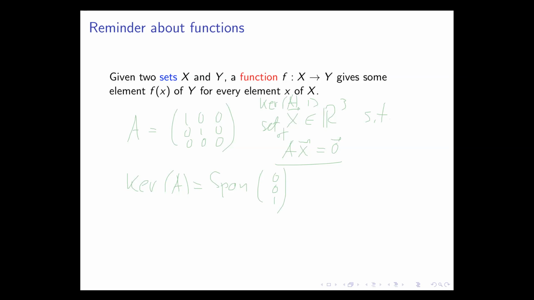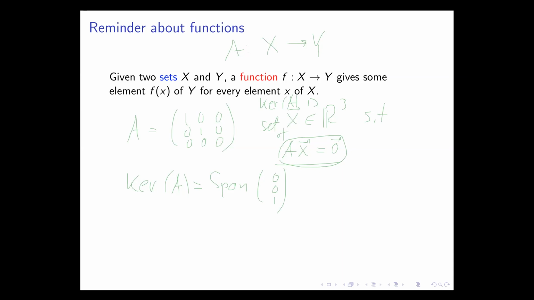So whenever you have a function A from, let's say, X to Y, you're looking at the subset of elements in X for which this is true. So the kernel depends on two pieces of data: the set X, the domain, and the function. It's the kernel of the function which acts from a given domain. So this kernel is a vector subspace.